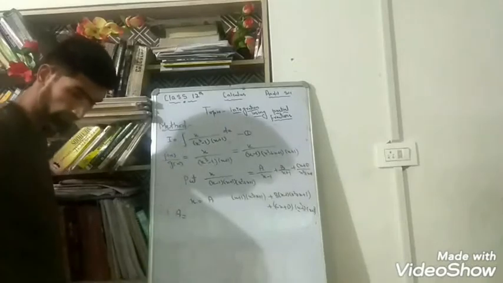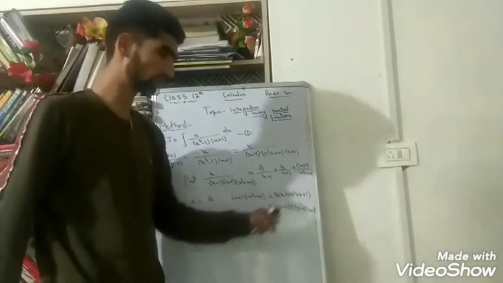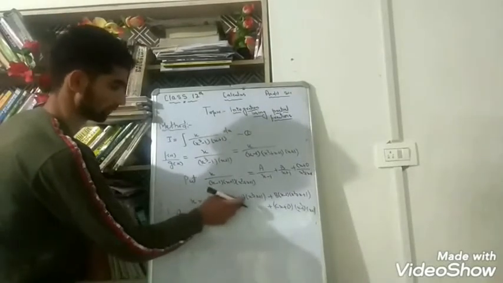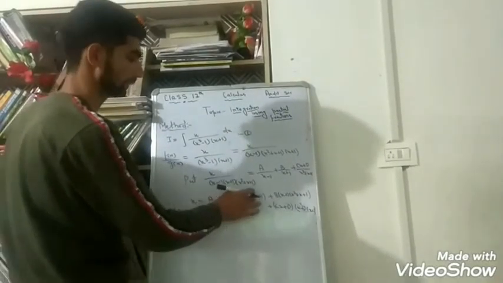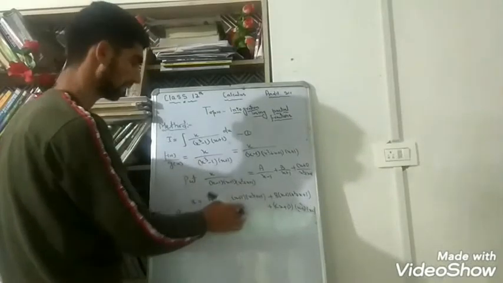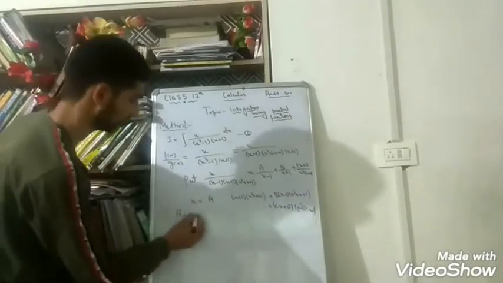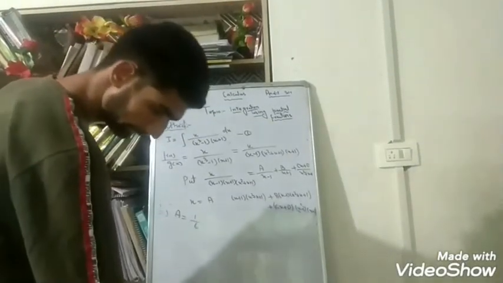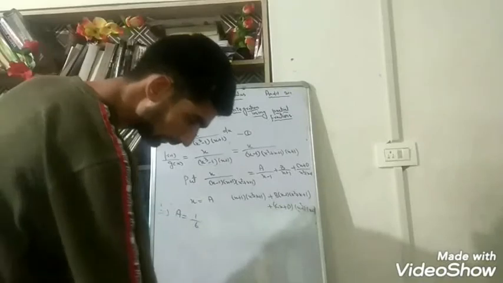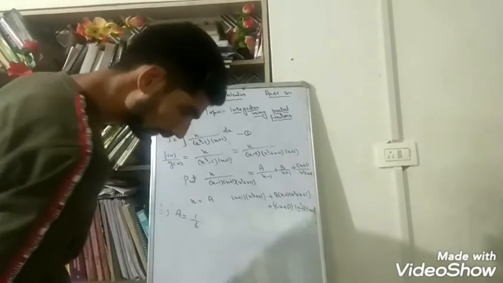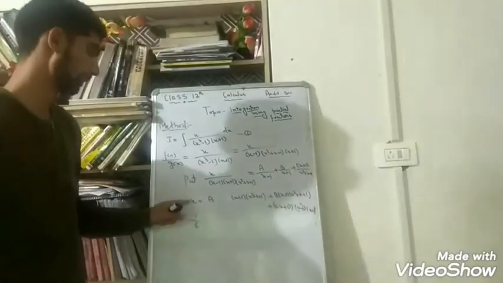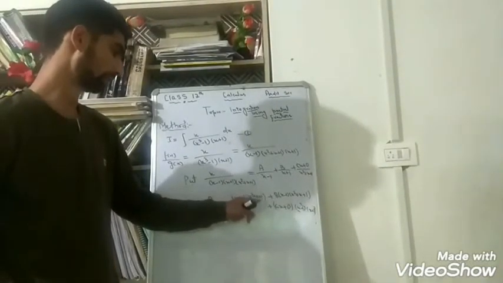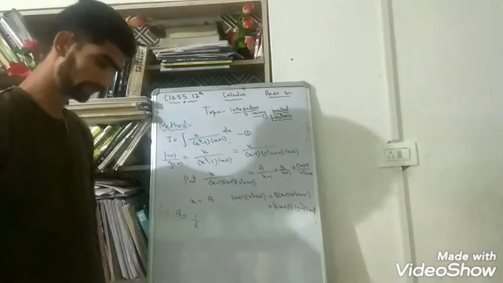The remaining terms become 0, but here we get 1 plus 1, that is 2, and here 1 plus 1 plus 1, that is 3, so 2 times 3 is 6, and that is a, so a is 1 divided by 6.